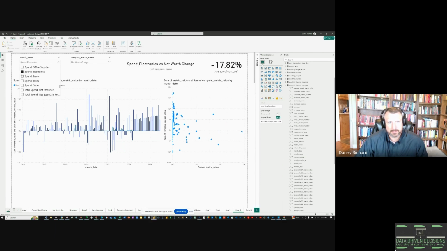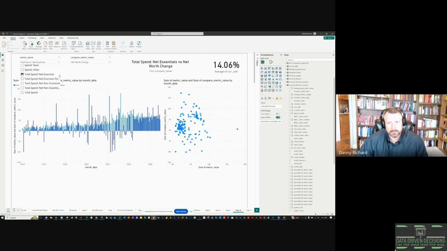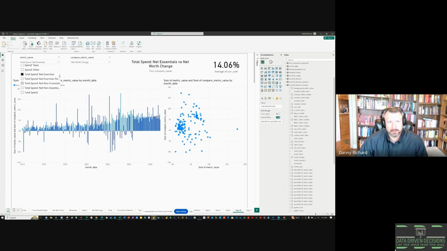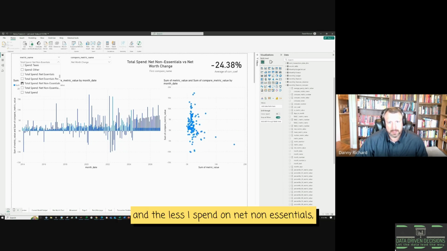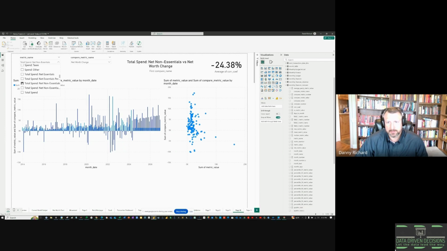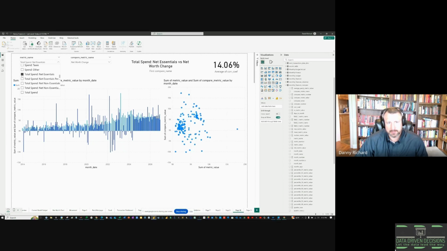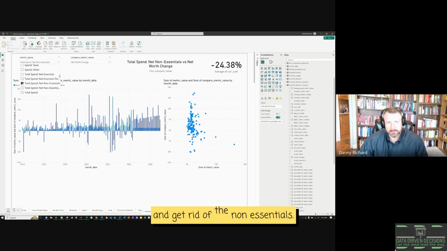Electronics. Negative. The more I spend on essentials, the more my net worth increases, weirdly enough. And the less I spend on non-essentials, the higher my net worth increases. So focus on the essentials and get rid of the non-essentials.